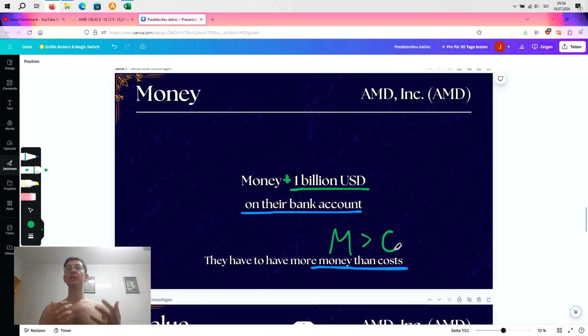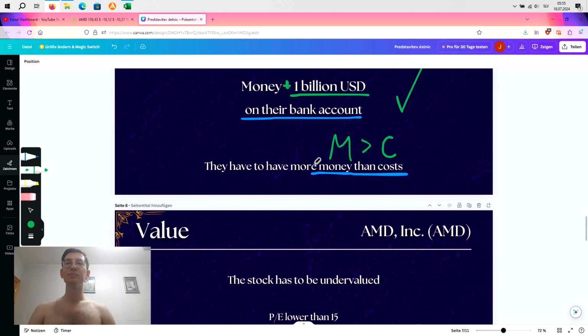So the more money the companies have, the better it is, because they can cover something unexpected, just like with you, if you have some unexpected medical bill, if you have money in your bank account, you can cover that comfortably. It's the same as here. So they have $1 billion. That's a good thing, good to go.